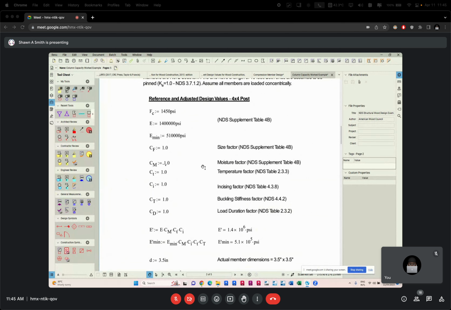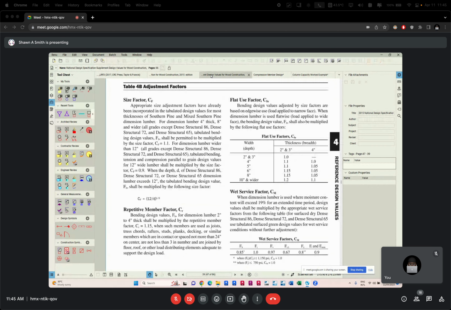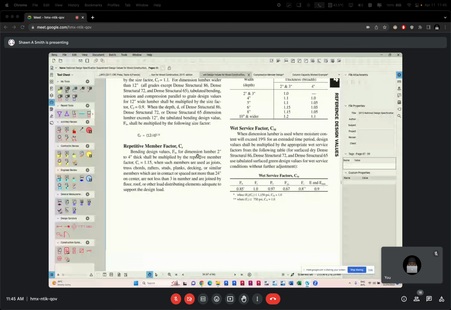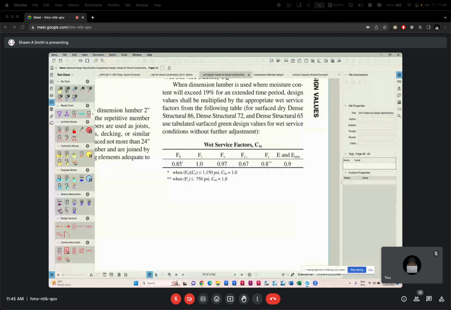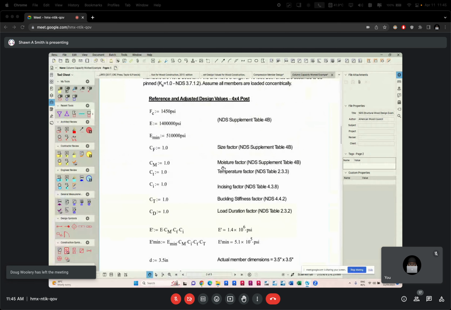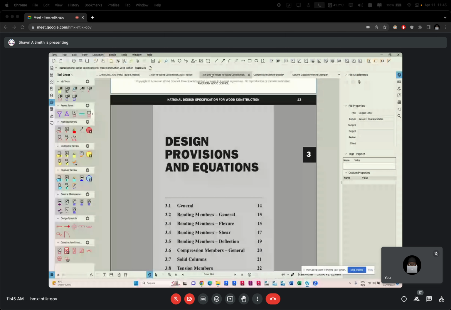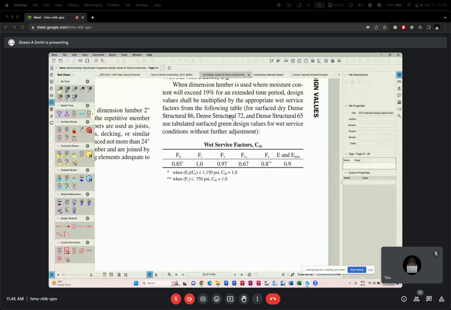CM, which is the moisture factor, table 4B again. This one, table 4B. They are using 1. The question didn't say anything about moisture.